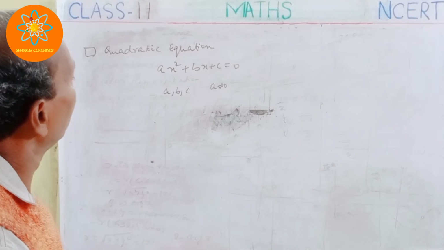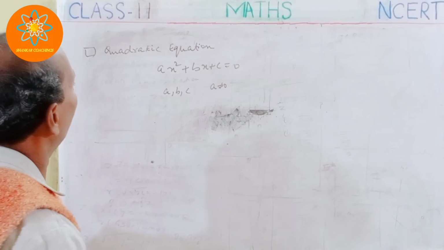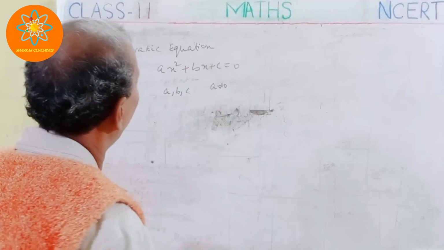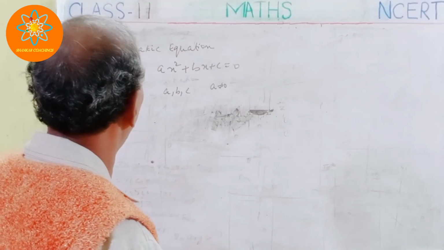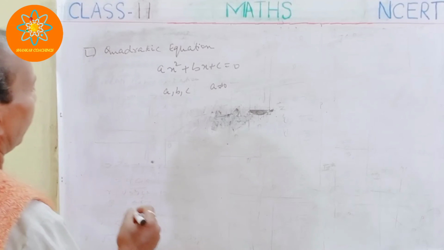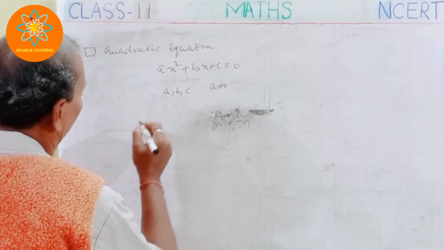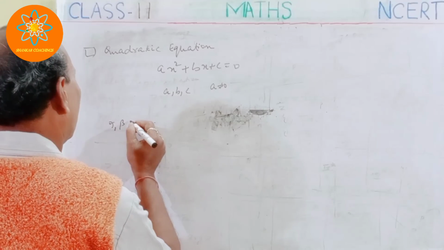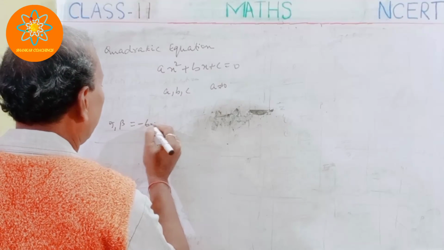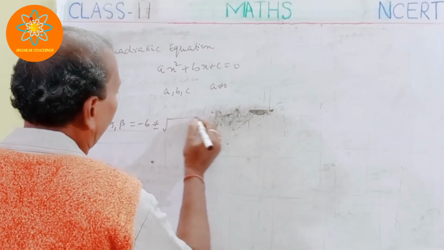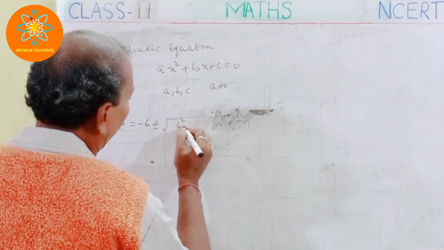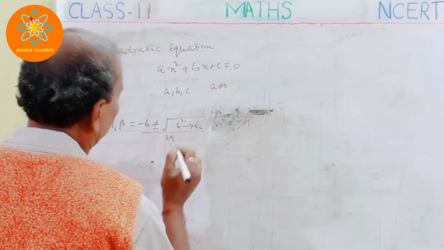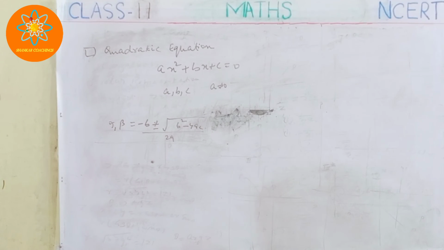Now suppose I want to find the solution of ax square plus bx plus c is equal to 0. Let's suppose alpha and beta are the two roots. Then they are equal to minus b plus minus under root b square minus 4ac divided by 2a, the solution of this quadratic equation.